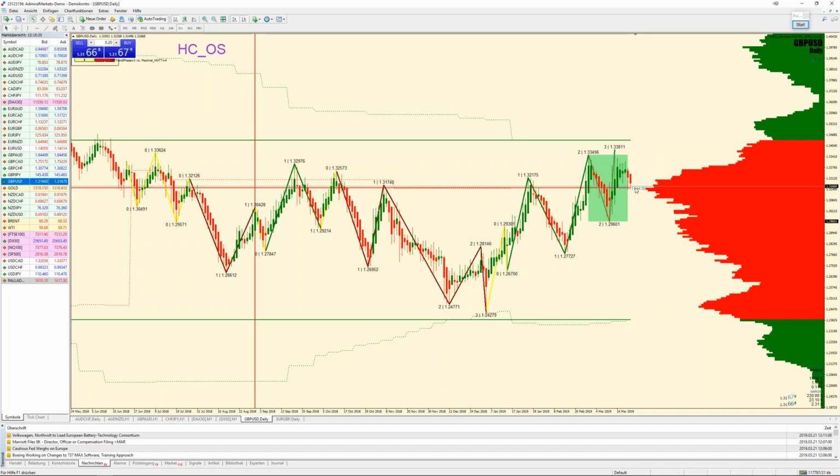And if you see a balance candle in the next 1, 2, 3 days around the point of control, that means we have a fair price there, a balance of supply and demand. And in a trend, if the correction ends there, we can think about a long trade, or if it's in the opposite direction, a short trade, of course.